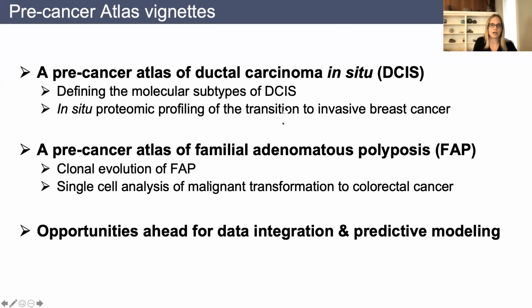I'll then go on to talk about work from our precancer atlas of familial adenomatous polyposis, or FAP, and I'll talk about the clonal evolution of this disease, as well as the use of single cell ATAC and RNA sequencing data to chart malignant transitions. And then finally, I'll wrap up by discussing some of the opportunities ahead for these massive data atlases and how we can leverage the data towards predictive models.